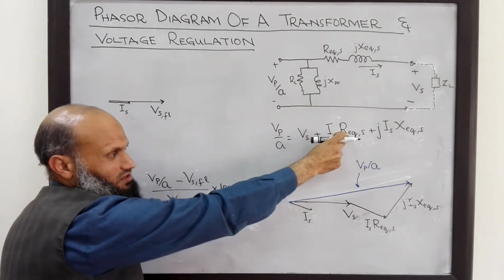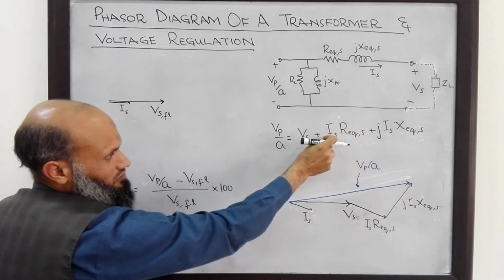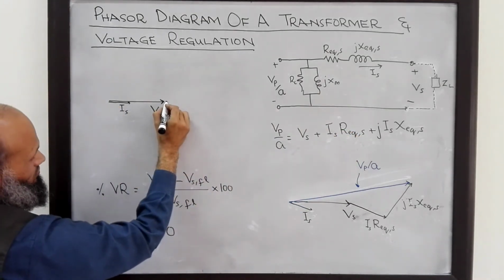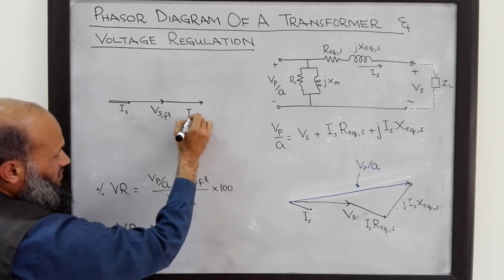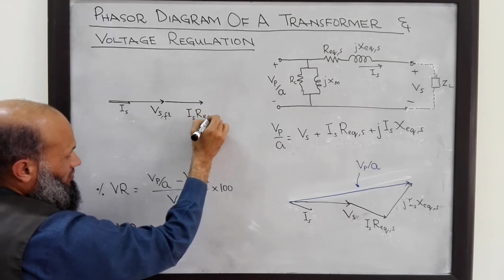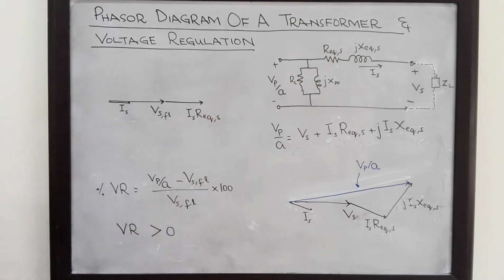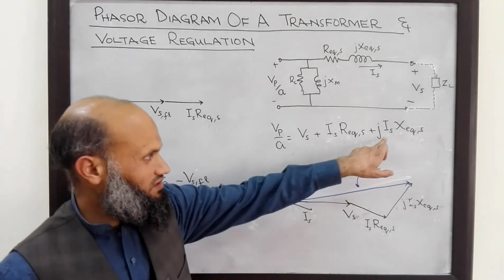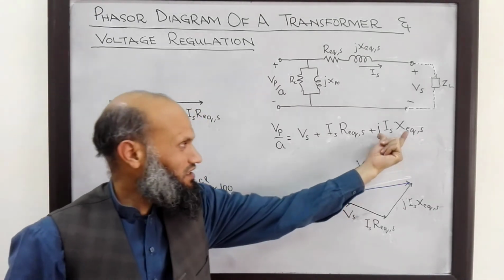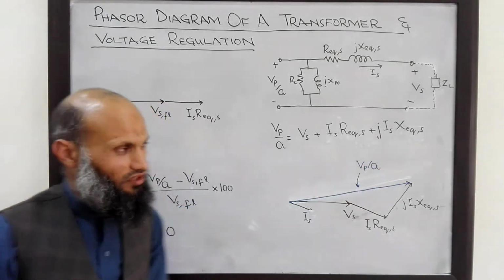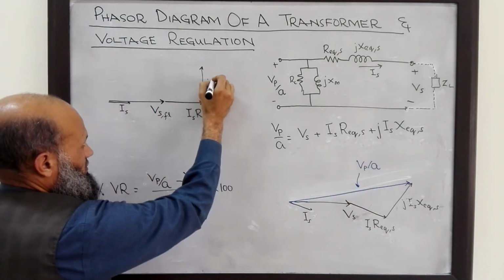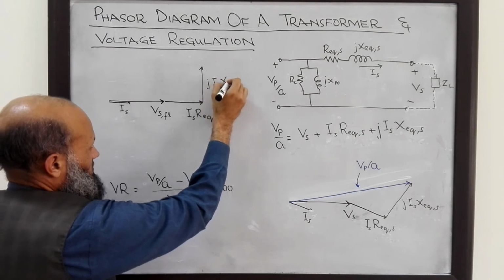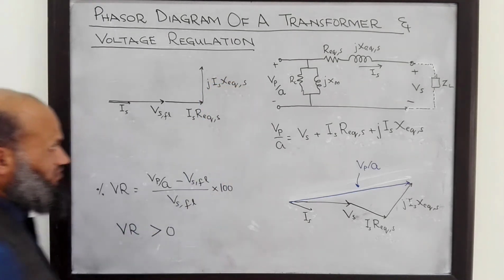R equivalent is a real number, so this phasor will be in phase with Is. So this is Is R equivalent referred to the secondary side. Similarly, this phasor will be at 90 degrees to the phasor for current, and this is j Is X equivalent referred to the secondary side.